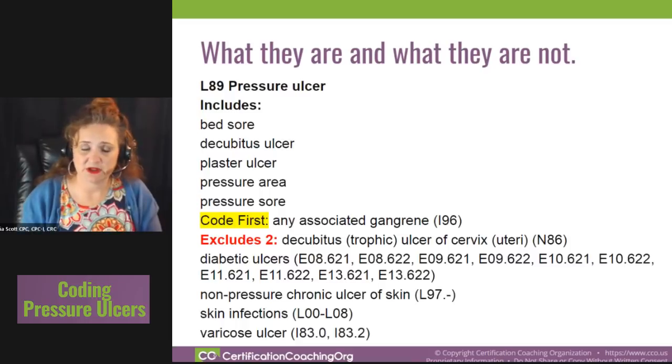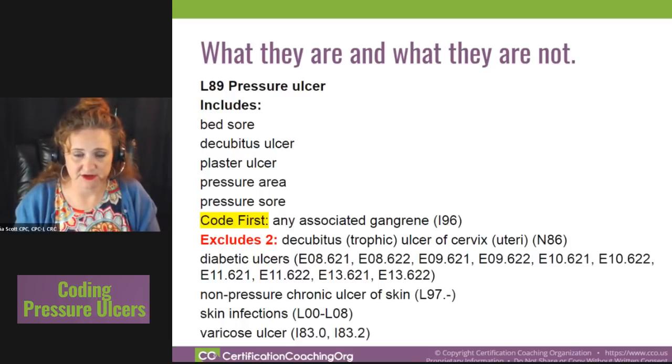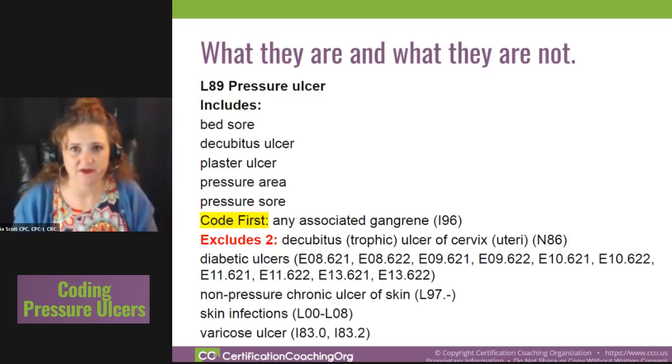And we're going to use some clarification here on another slide. Just be aware that if the person has diabetes, it doesn't matter if it's type 1, type 2, if they have diabetes, it is not an L89 code. It is an E code, depending on what type of diabetes they have.